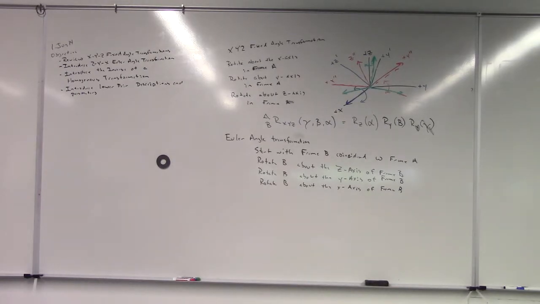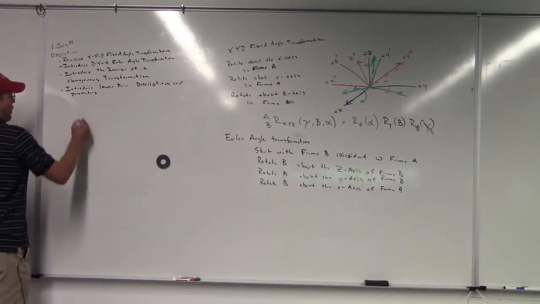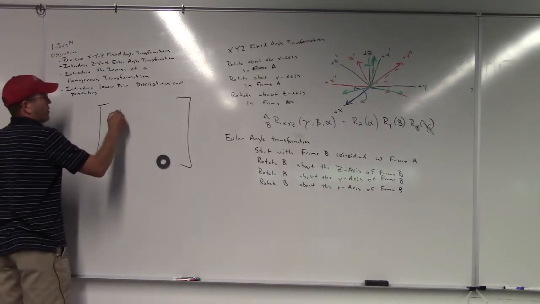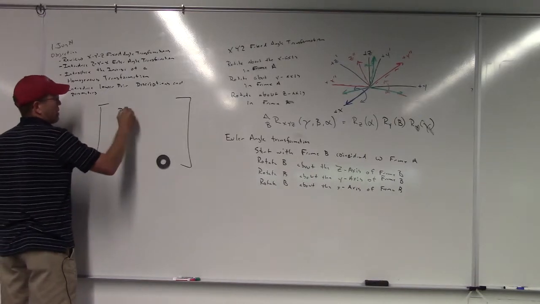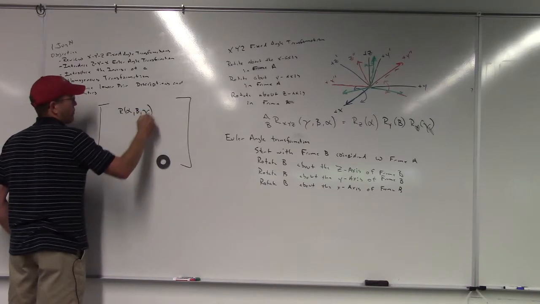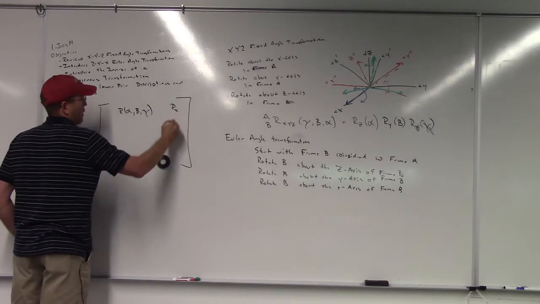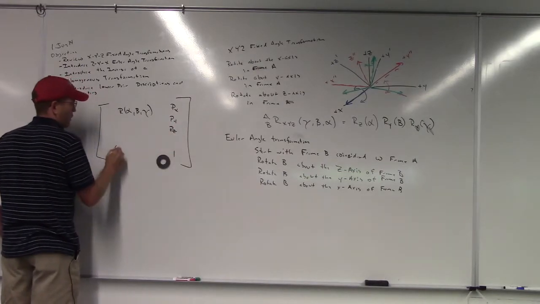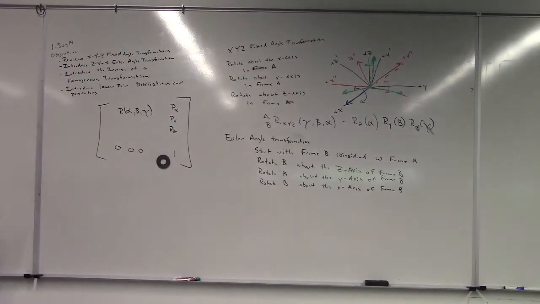What's the nice thing about this? If we have our transformation setting here, and we have our rotation that is dependent on alpha, beta, and gamma, and then we have our position vector, what did we just do? How many parameters did we just have?